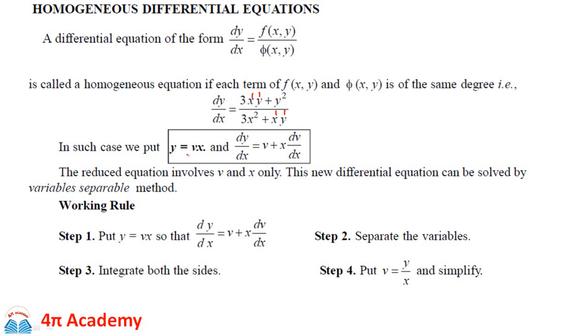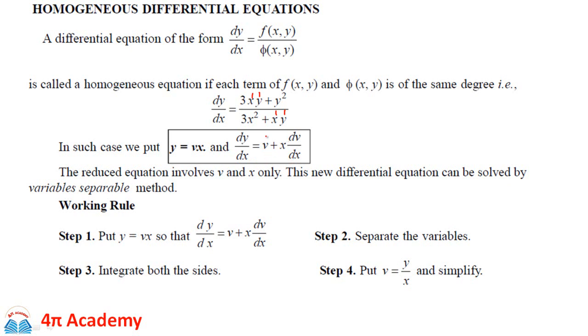When we put y is equal to vx, then differentiating this we get dy by dx equal to d by dx of v into x, and solving this we get first function v into the derivative of x with respect to x, which is 1, so it is v, plus second function x into derivative of first, that is dv by dx. So for dy by dx we get the value v plus x into dv by dx.